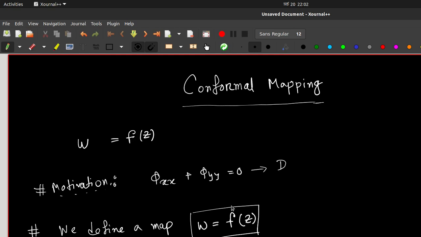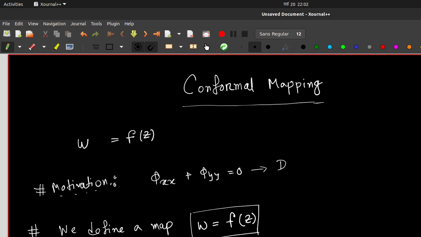That means whether this f of z is analytic or non-analytic and so on, and this is where we will put in some restrictions and we will see that we will get some very interesting outcomes. So the first thing we need to do is say that if I have some function f of z, we assume that this function f of z is analytic and non-constant in a domain D of the complex z plane.